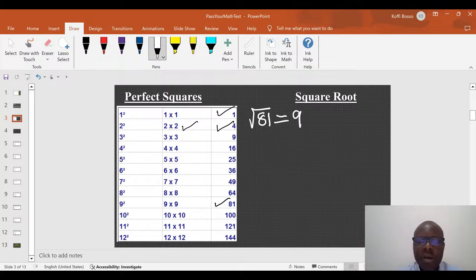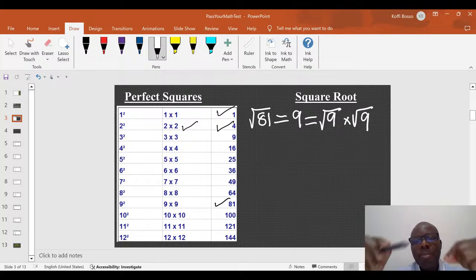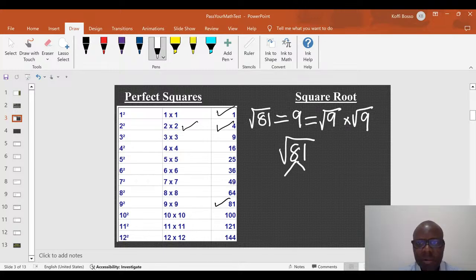Also understand that every time you see the square root of 81, we can write it as the square root of 9 multiplied by the square root of 9. So I break it down. We're going to use this a lot in this session.